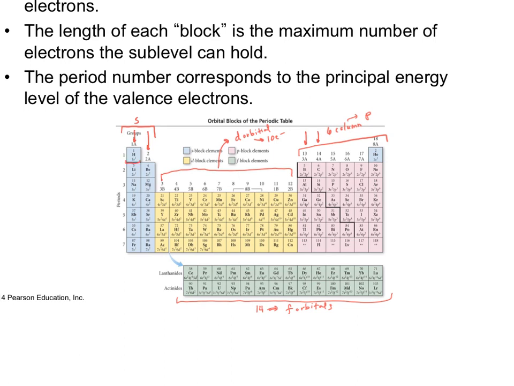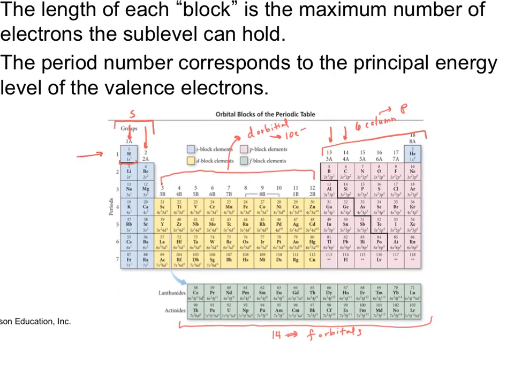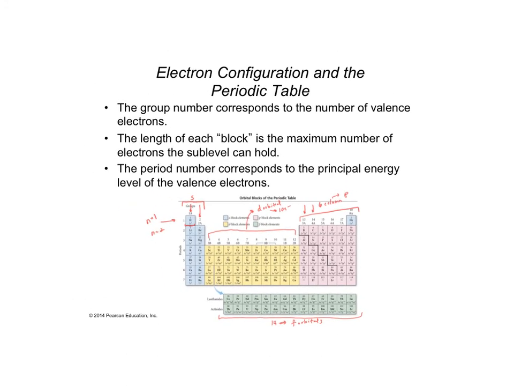Number 2, when we talk about rows in the periodic table, what the rows correlate to is the principal quantum numbers. The first row is filling n equal to 1, the second row is filling n equal to 2, and so on and so forth. Okay, so that is it for this chapter. I will move on to chapter 7 in a separate video.